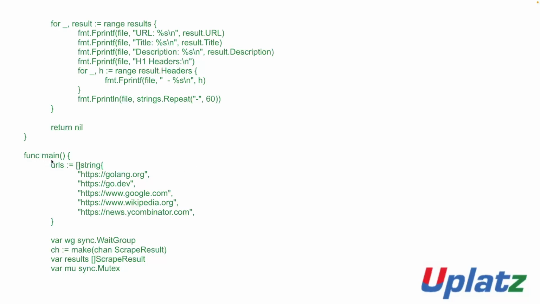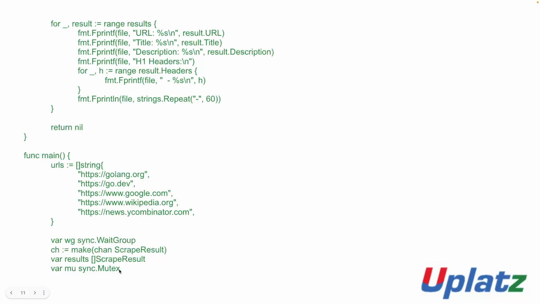Now func main. urls := []string of golang.org, go.dev, google.com, wikipedia.org, news.ycombinator.com. var wg sync.WaitGroup, ch := make(chan ScrapeResult), var results []ScrapeResult, var mu sync.Mutex.